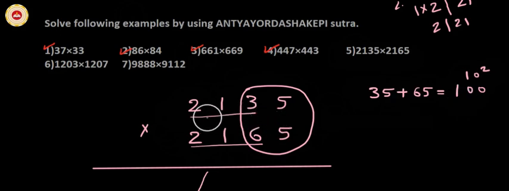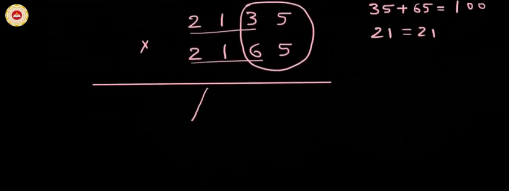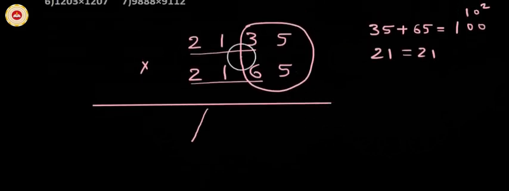That means the first condition is satisfied in this example. What about the second condition? Yes, the second condition is also satisfied because the higher place digits in both of these numbers are identical. 21 in multiplicand and 21 in multiplier. So two conditions are satisfied. So let us apply the Antyayor Dashakepi Sutra to multiply the numbers 2135 and 2165.